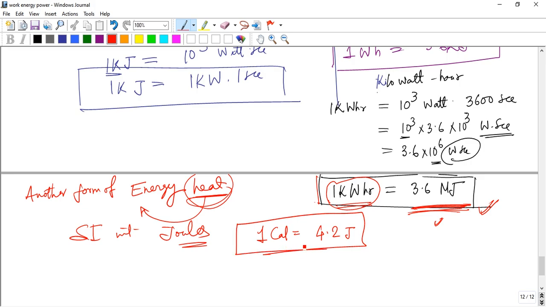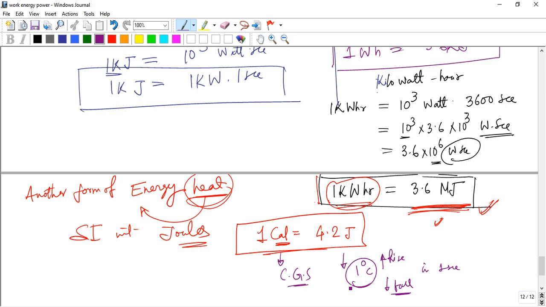So what is the calorie? The calorie is defined in terms of temperature in centigrade. It is the heat needed to raise or lower the temperature of 1 gram of water by 1 degree centigrade, in the CGS system. If the temperature rises, 1 calorie of heat is absorbed.